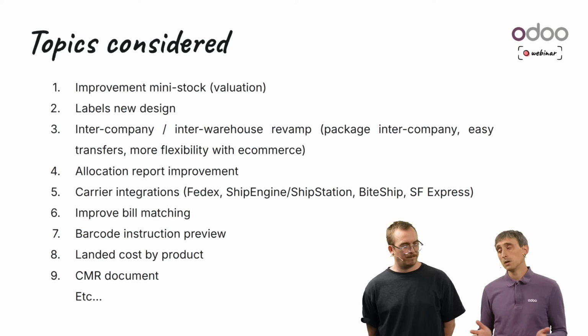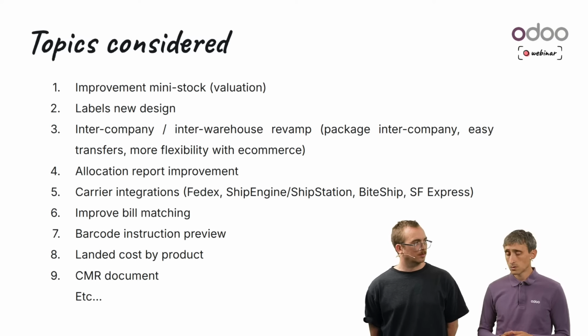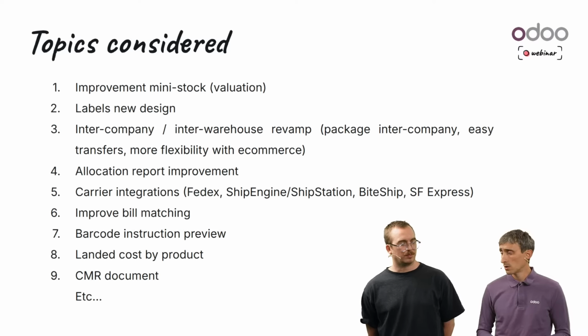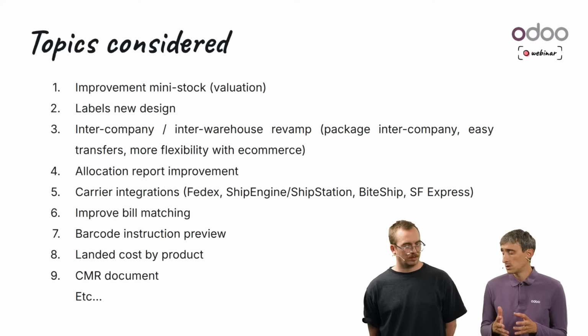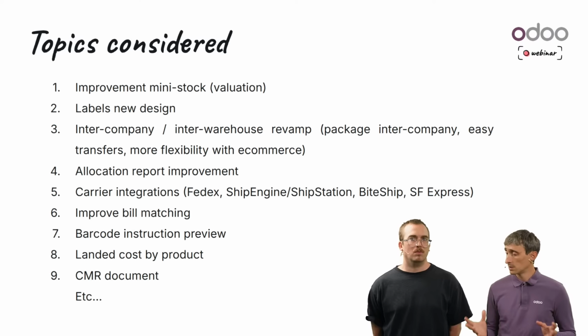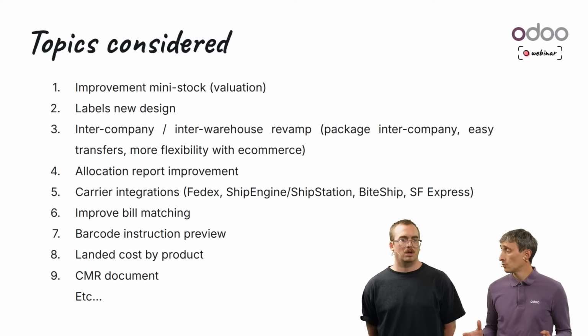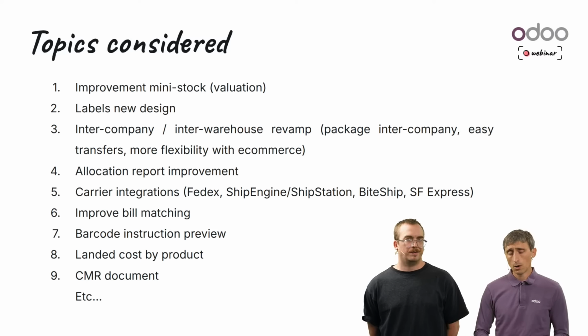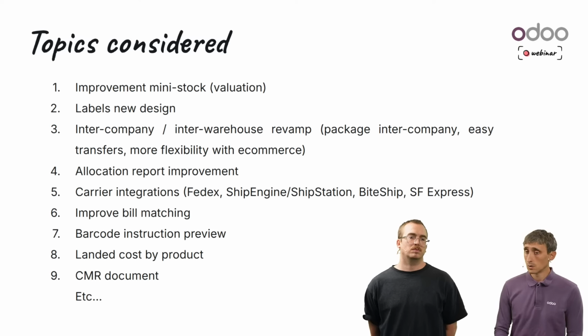Something else that many of our international customers ask us for import and export is a CMR document, which is a kind of contract between the buyer, the supplier, and the carrier, and that document would be possible to print in Odoo. We always try to make more things possible in Odoo, to centralize more and more features and needs of the company inside Odoo, and I think it's going in that direction.